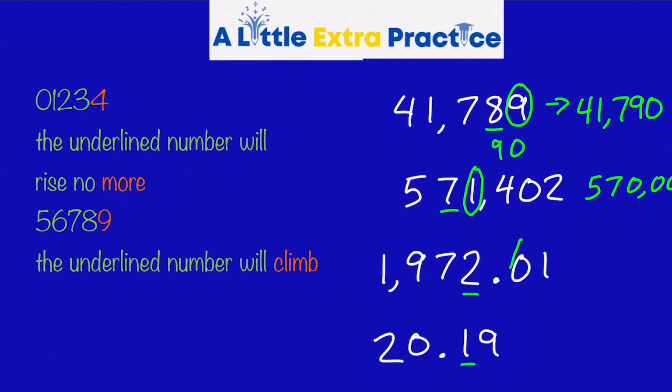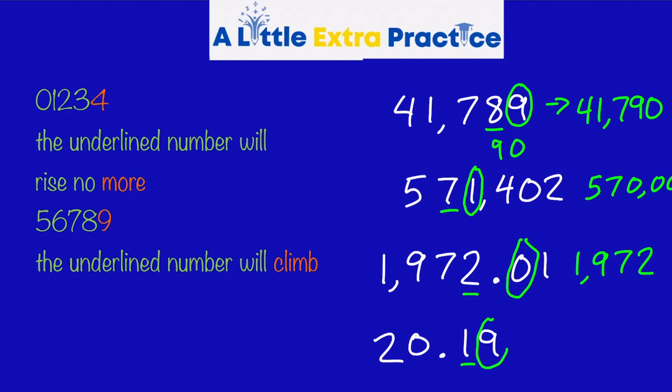I'm going to circle the number to the right, which is in the tenths. 0, 1, 2, 3, 4, the underlying number, rise no more. It's not strong enough to push that up to a 3. So my answer is 1,972.